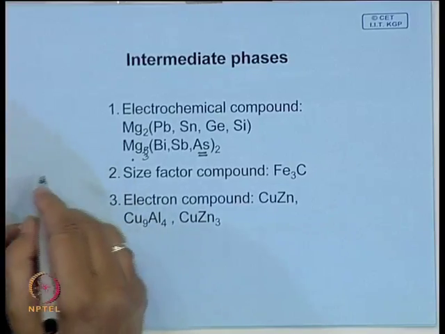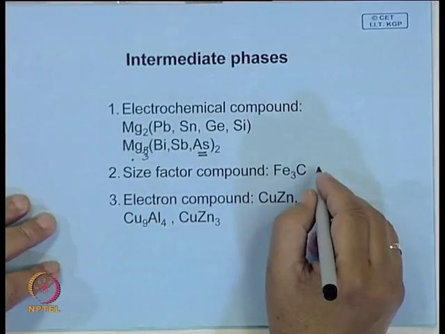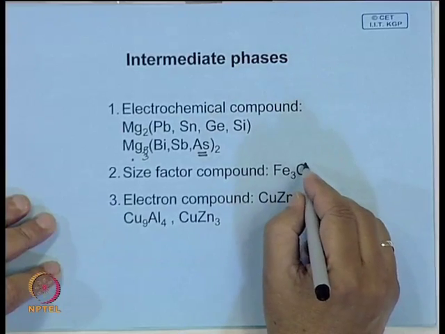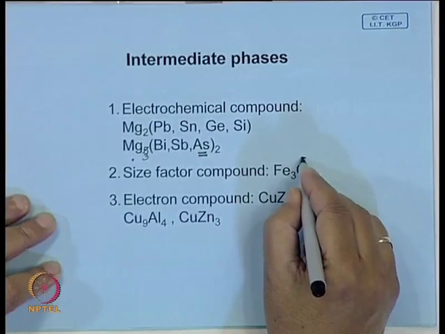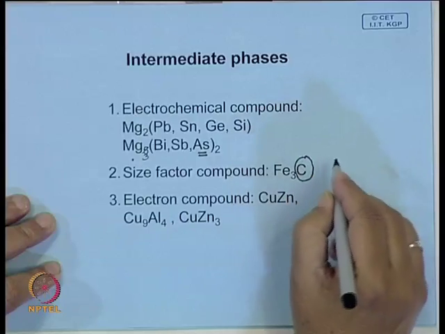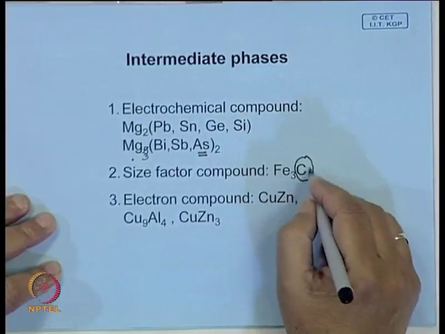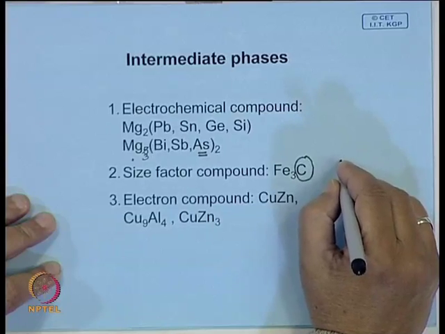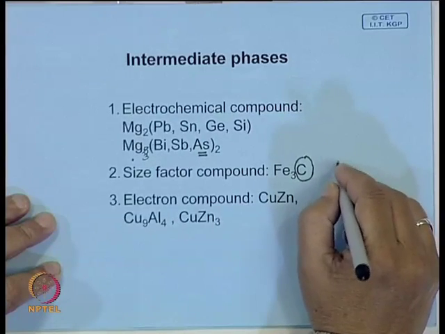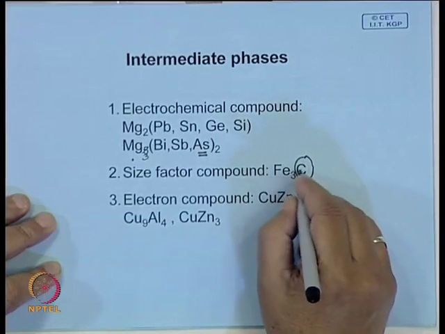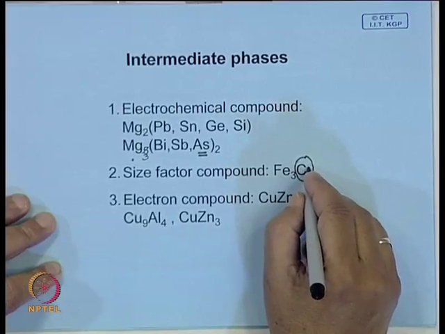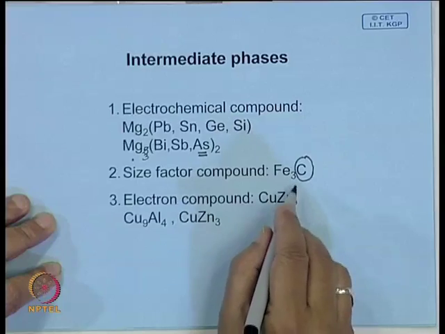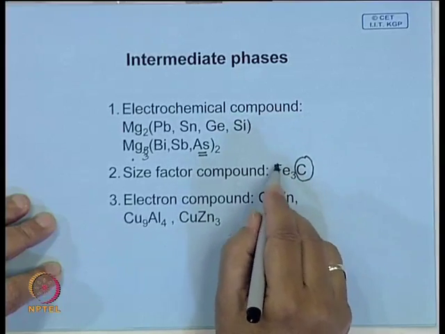And we also talked about a solid solution where the solute element goes to the interstitial sites, like carbon, and this also depends on the size factor. When there is a large difference in the atomic sizes, say 40% or so, the carbon atom is so small that it can be accommodated within the interstitial sites of the iron lattice.